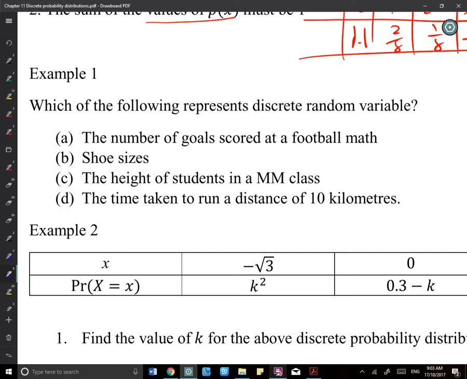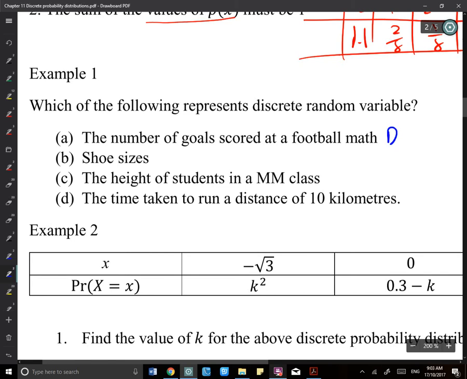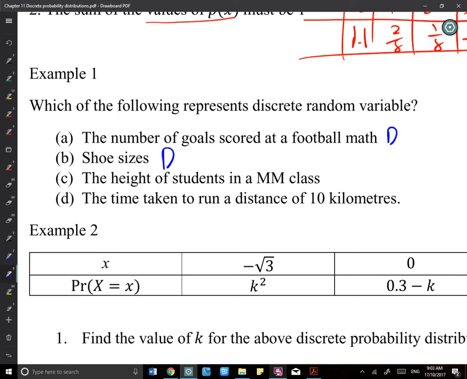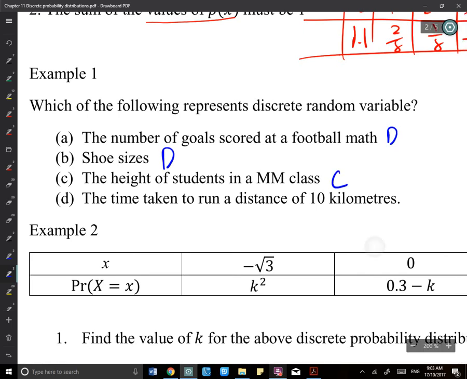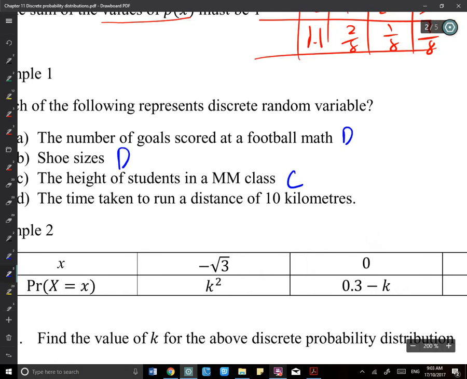Discrete is countable, so discrete. Shoe size: discrete, I have talked about that. The height of a student in my class: continuous, it is a measurement value, and I'm not rounding it. The time taken to run a distance of 10 kilometers: what is it?